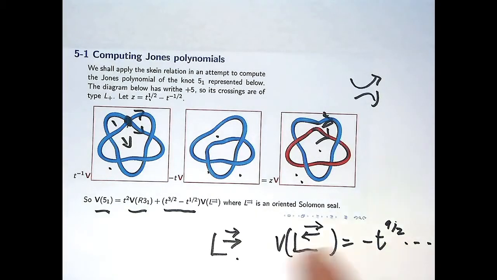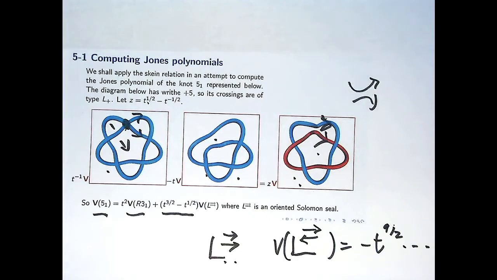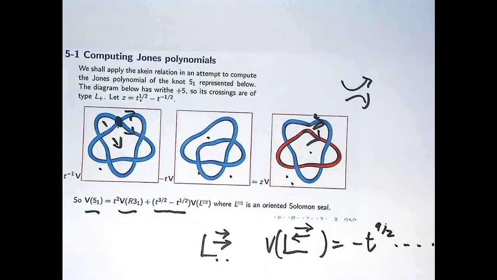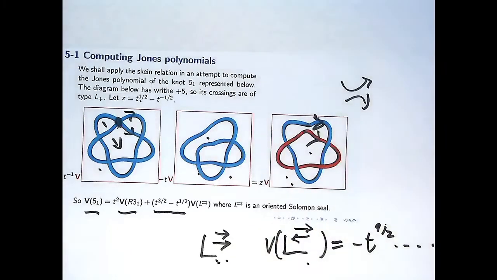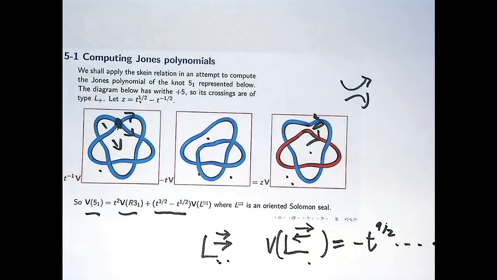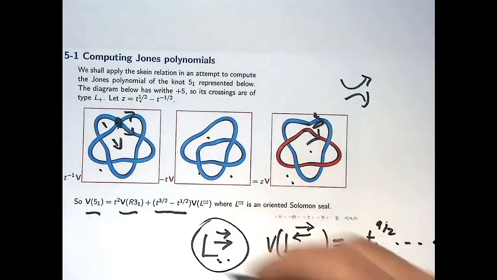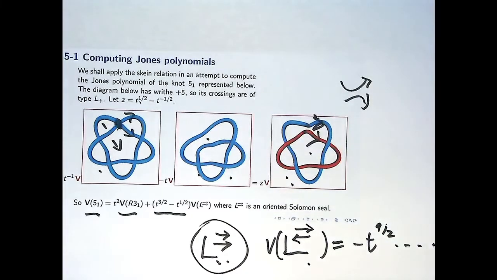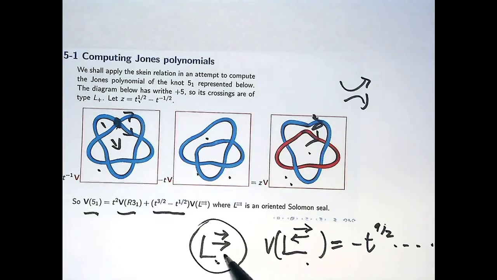Unfortunately, that's not quite right for us because we have this orientation and things were a bit different. There is a problem on this week's sheet to show how you can go directly from one to the other using linking numbers. But anyway, what I actually did in the notes was the same trick, the same idea, another application of the Skein relation to work out the Jones polynomial of this.